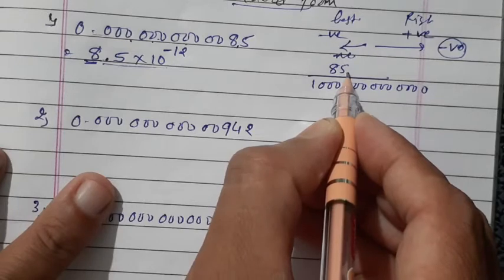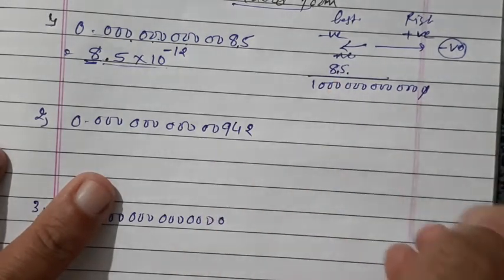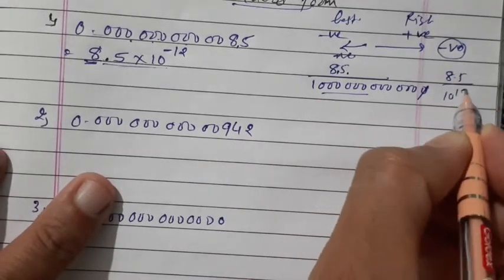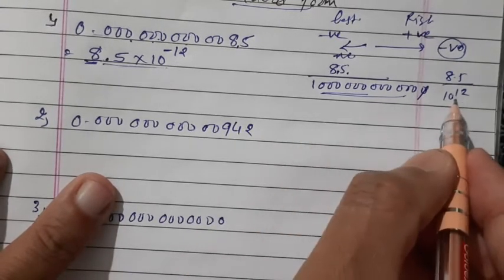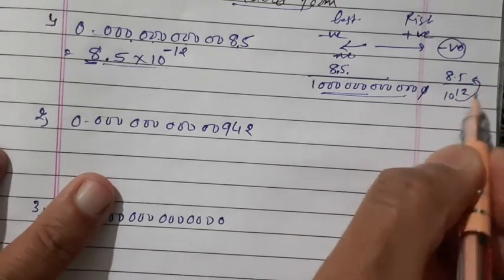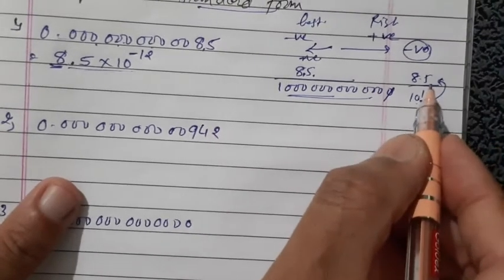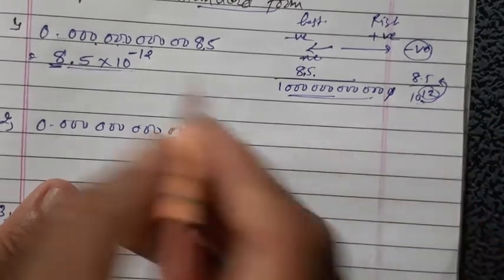You just move only one step, means one zero cut. That is 8.5. And this one is 8.5 divided by 10 raised to 12. 12 zeros are there, so 10 raised to 12. And if you move 10 raised to 12 to the numerator side, what happens? The power will change to a minus number.